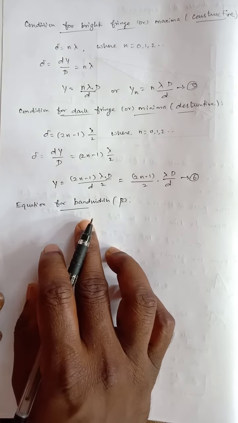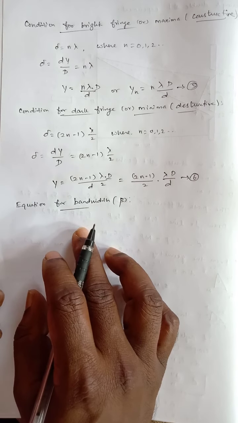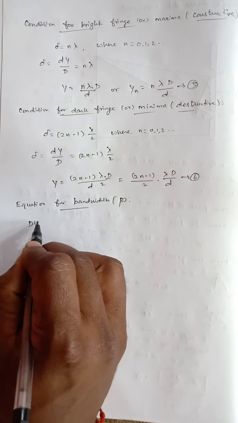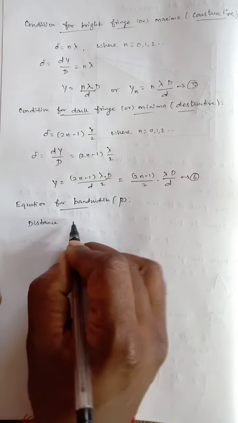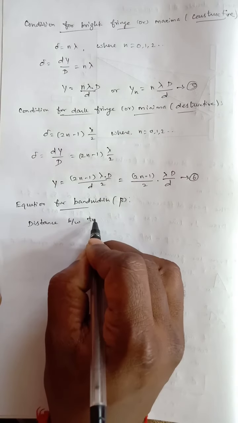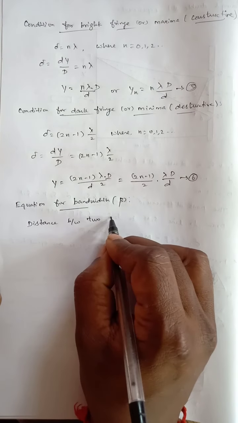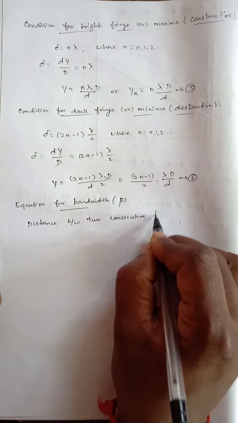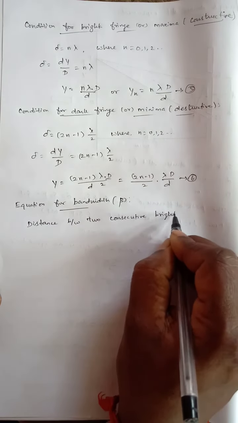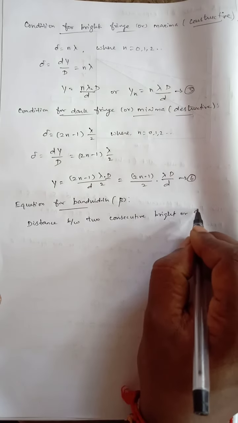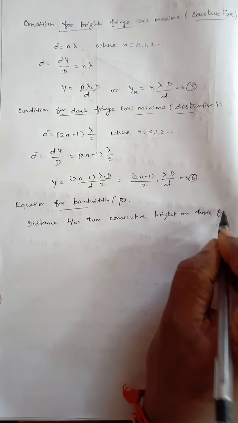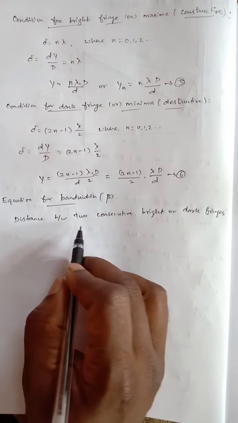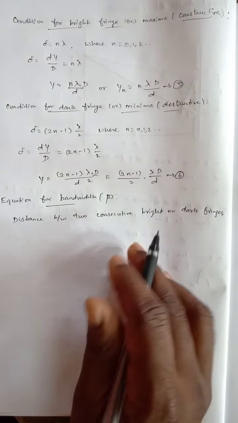Bandwidth means the distance between two consecutive bright or dark fringes. Distance between the two consecutive bright or dark fringes.